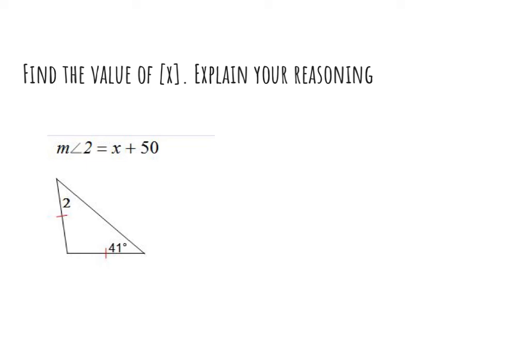So our last example is we want to find the value of x. So we want to remember about two specific types of triangles that have key information: isosceles and equilateral triangles. Isosceles triangles say that two sides are congruent, like our tick marks shown. When those two sides are congruent, base angles, meaning those angles that are opposite of the sides, are also congruent.